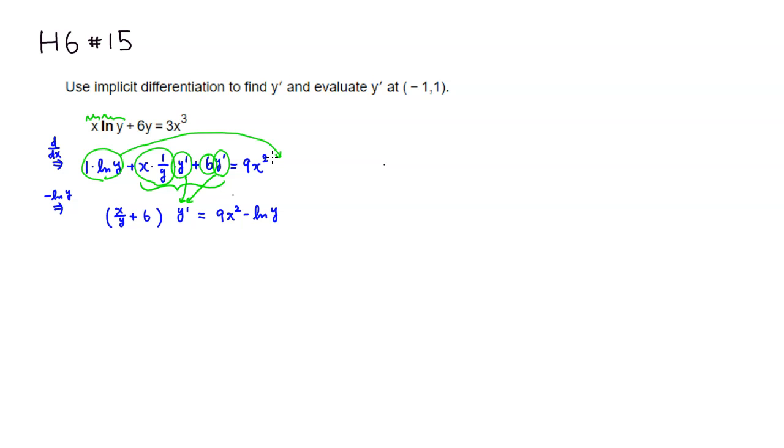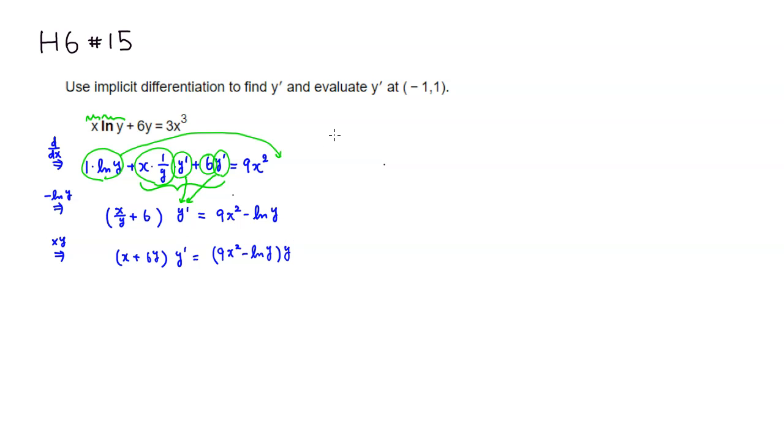Then, I don't like a fraction inside a fraction, so I'm going to multiply through by y. The y cancels out, so you have x plus 6y, times y prime, equals 9x squared minus natural log of y, times y.